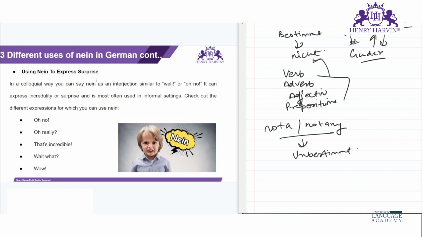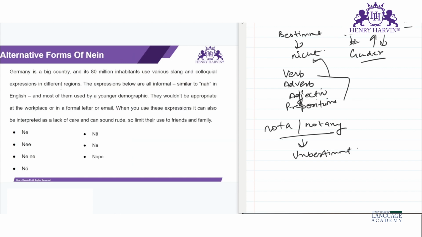Using nein to express surprise, when you are surprised by something like, oh no, oh really, that's incredible, wait what, or wow. Here we have some words that can be used in different parts of Germany: nee, na, or nope, like a normal no.